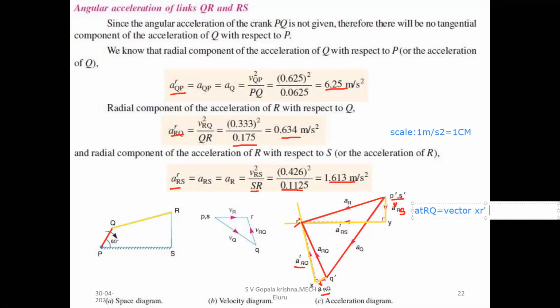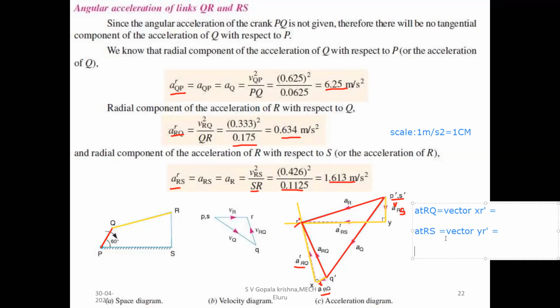Just take the scale and measure the value of vector XR dash, and mention the value. Later ATRS equals to vector YR dash.